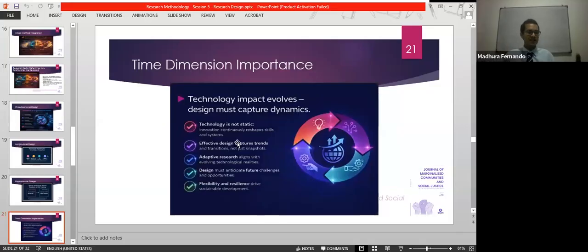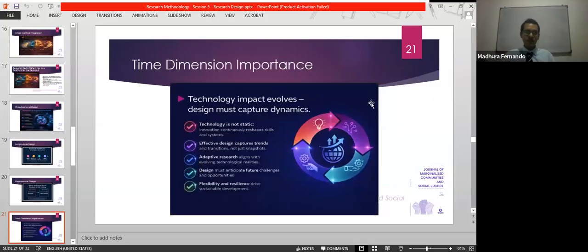You will understand how you are going to conduct multidisciplinary studies, interdisciplinary studies, right? So you become an agile person. You are adaptable to any situation. So that is a very important aspect of research design, right?